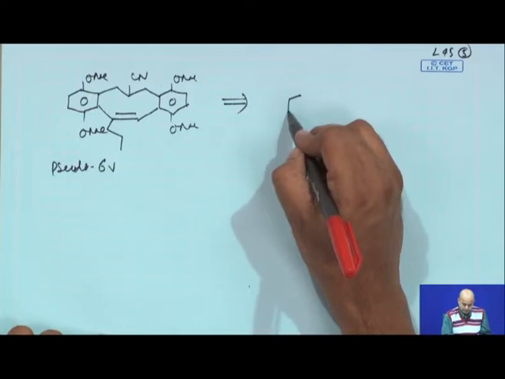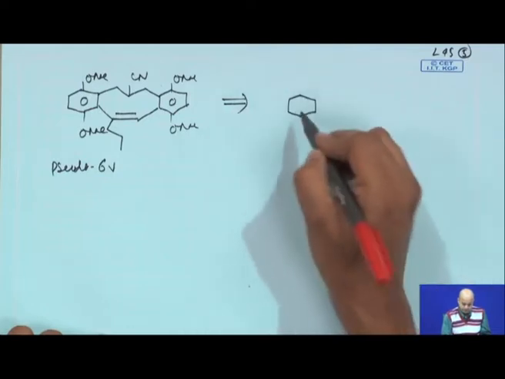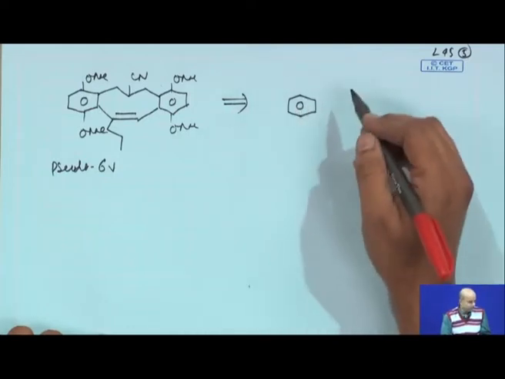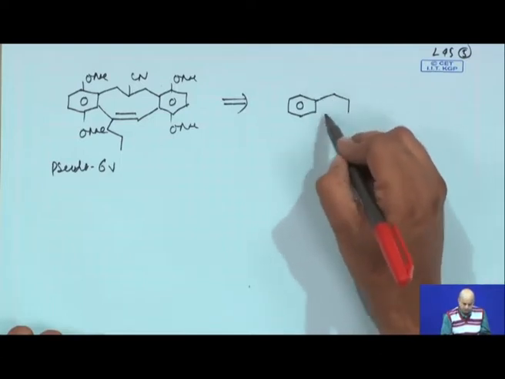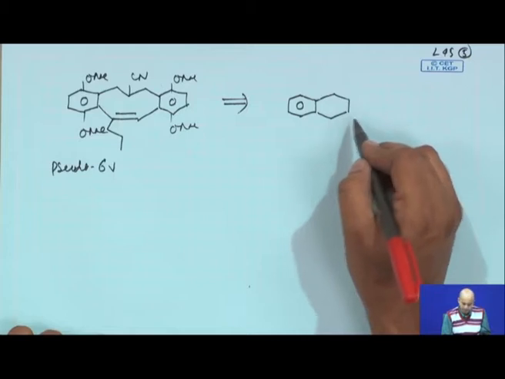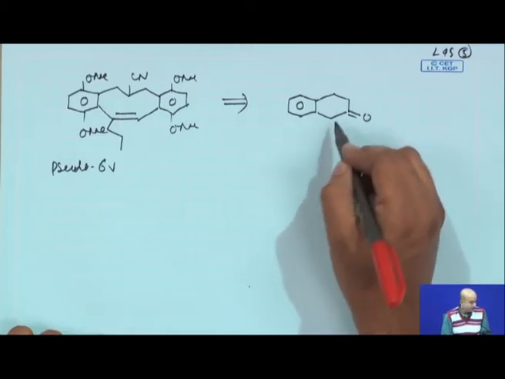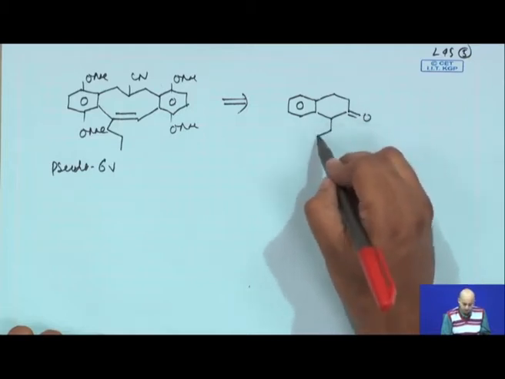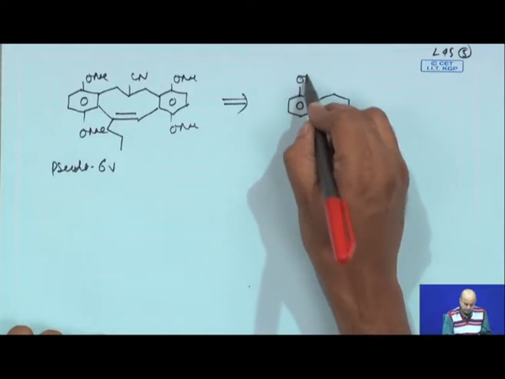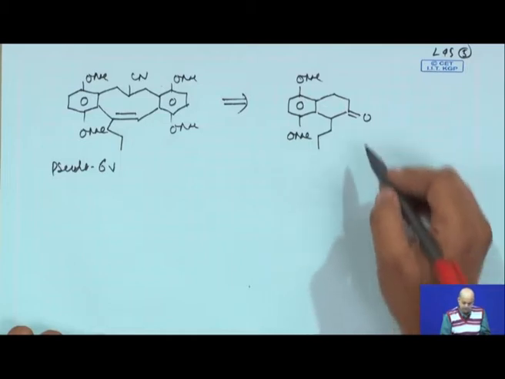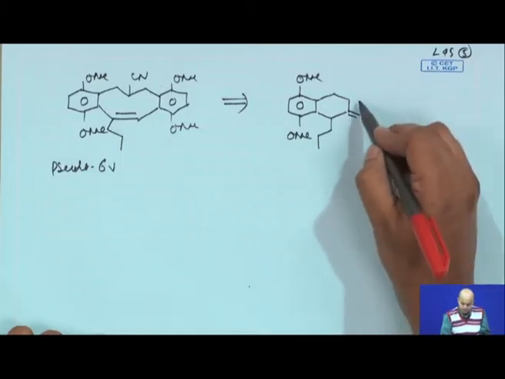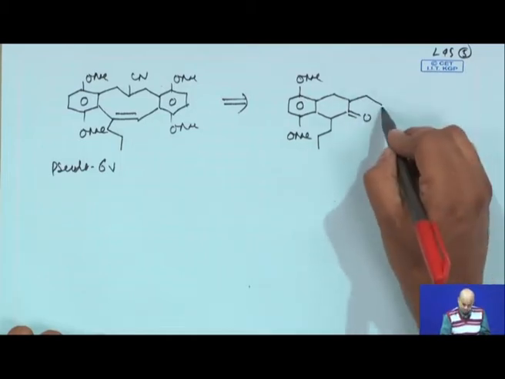Now, this particular fragmentation which was proposed is very interesting, and this is the limelight of the entire synthesis, or the main highlight of the synthesis. This will explain in detail how this mechanism takes place.